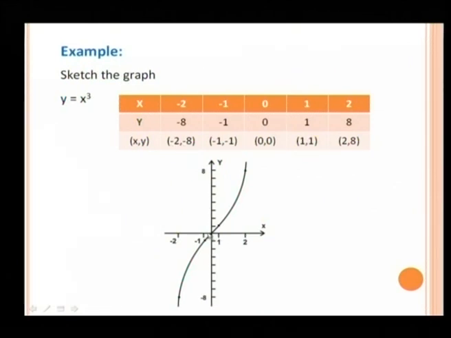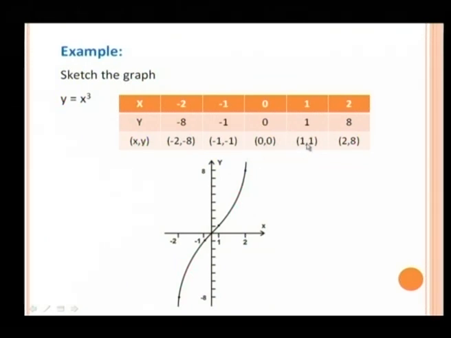Again we have to apply the same procedure to make the graph. The first ordered pair which we are considering to plot is 0, 0. The 0, 0 would obviously be plotted at the origin where x and y axes intersect.